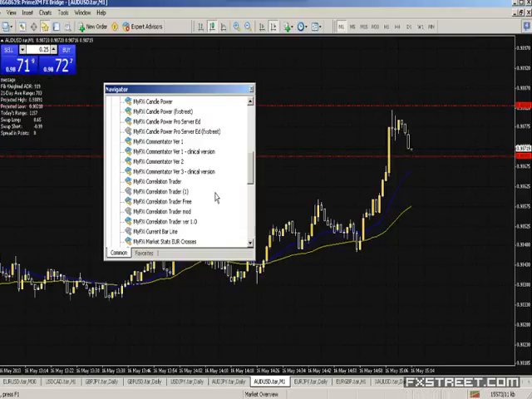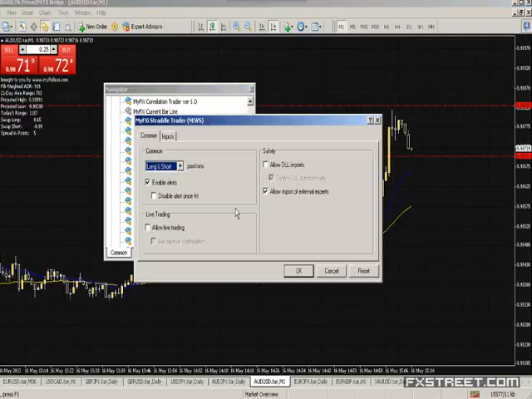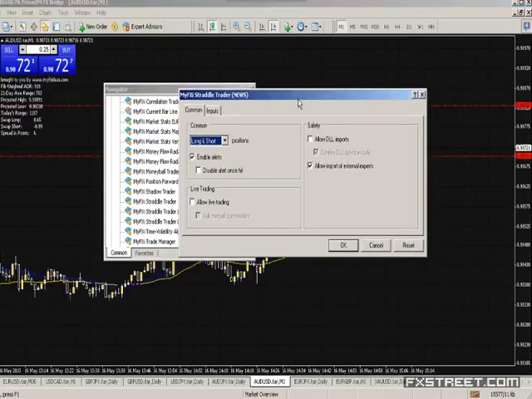Personally, I don't really put my buy stop and sell stops manually. I use an EA that I have to do that. So basically, if I'm expecting news, I put my EA.